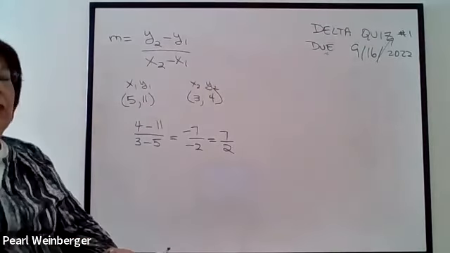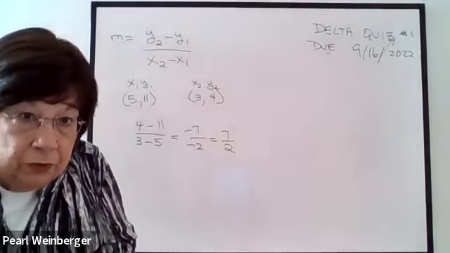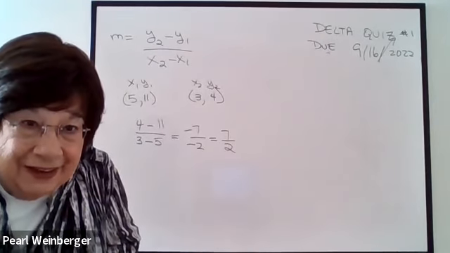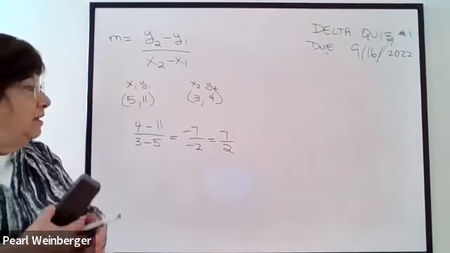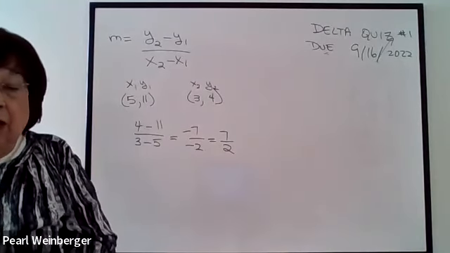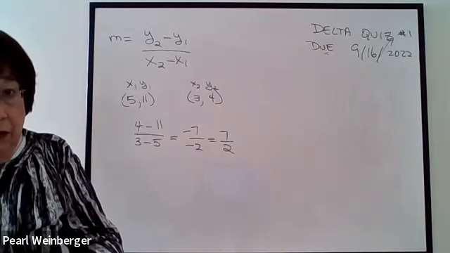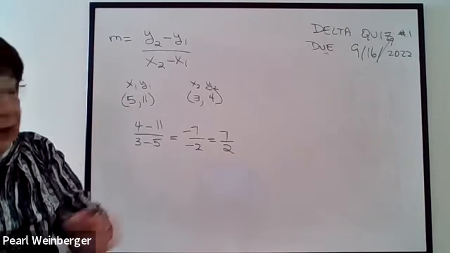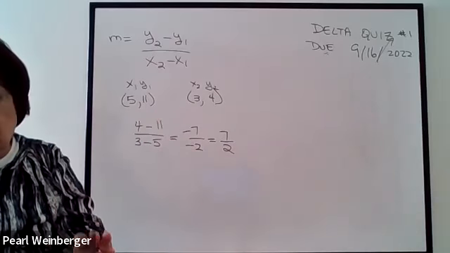All right. Now, why am I emphasizing this whole concept of slope? If you left it -7 over -2, that is correct. What usually will happen, though, is on a Delta Math test or problem, it would accept this, I think, as the correct answer, unless it says in simplest form.